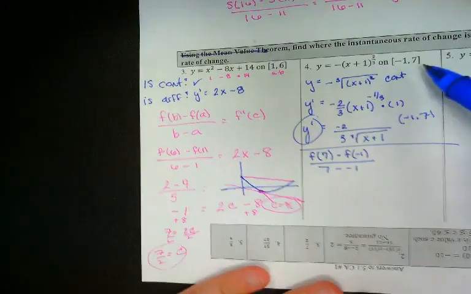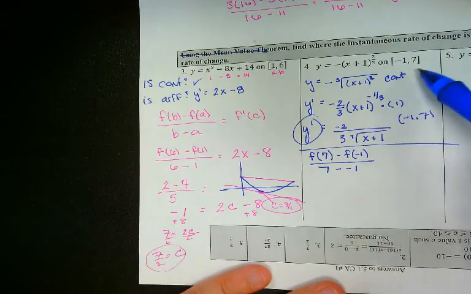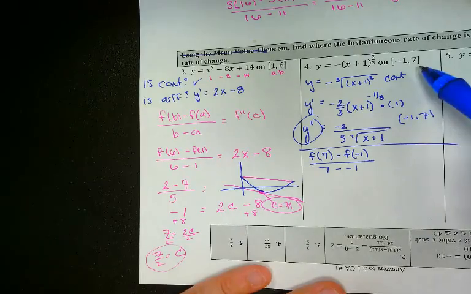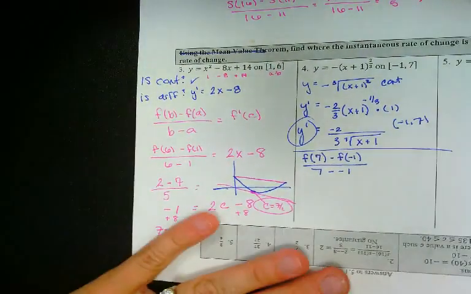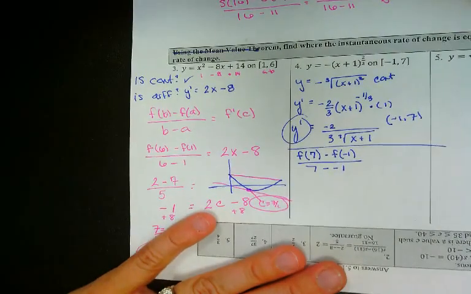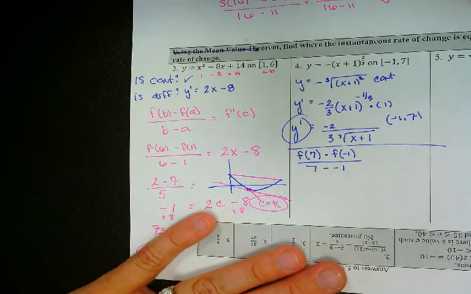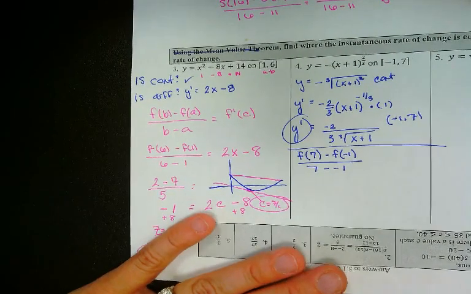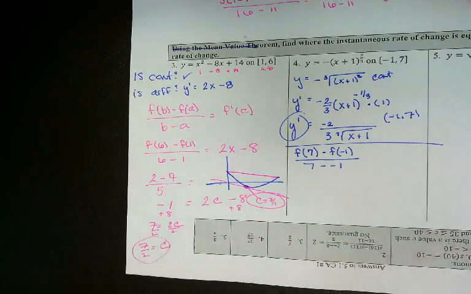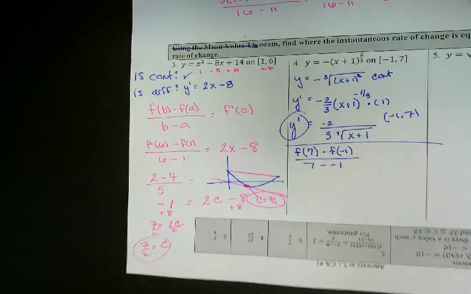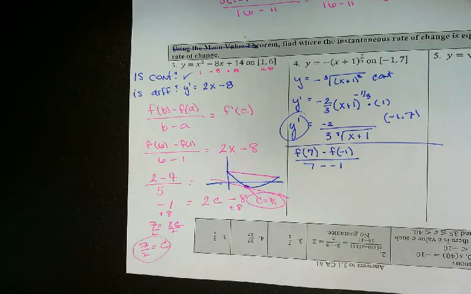No, it's working, but we're honing in on just a piece of it. But the theorem is basically saying that you have a rate of change on that interval. In that interval, there will be a slope. It's the same. Correct. So if we're solving for that, but the answer we get isn't in that interval, that means that the slope that's equal to the average rate of change in the interval would be outside the interval.